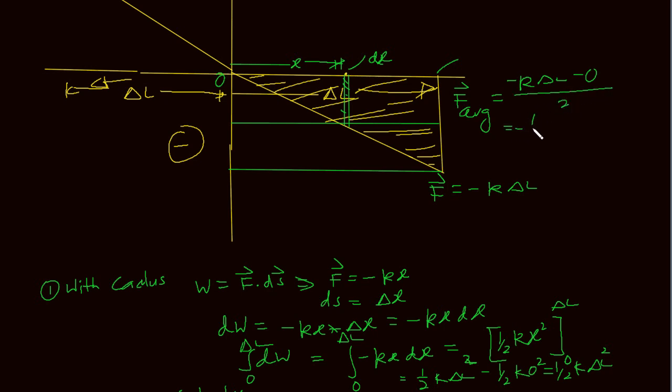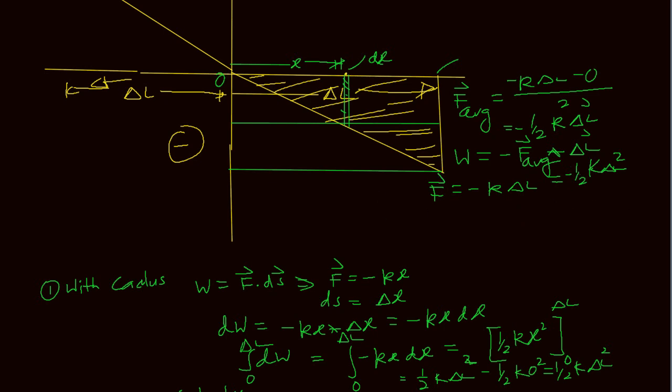So you get minus half k delta L. So work is force average multiplied with total displacement. So this becomes half k delta L square.